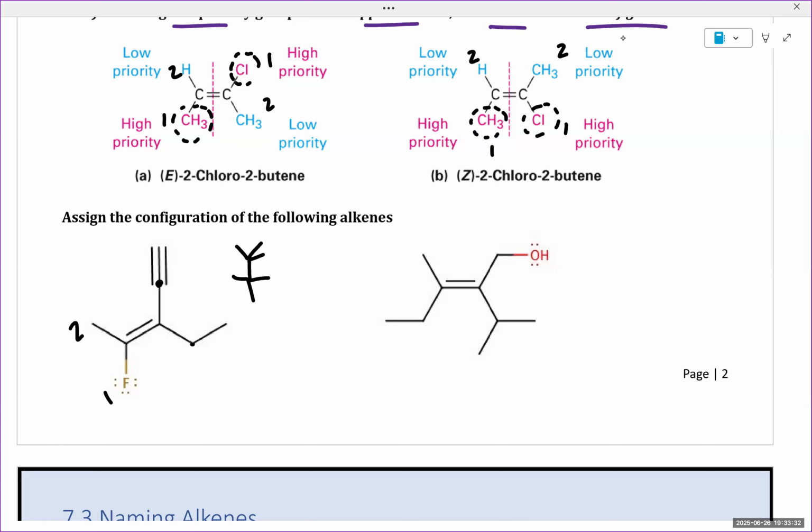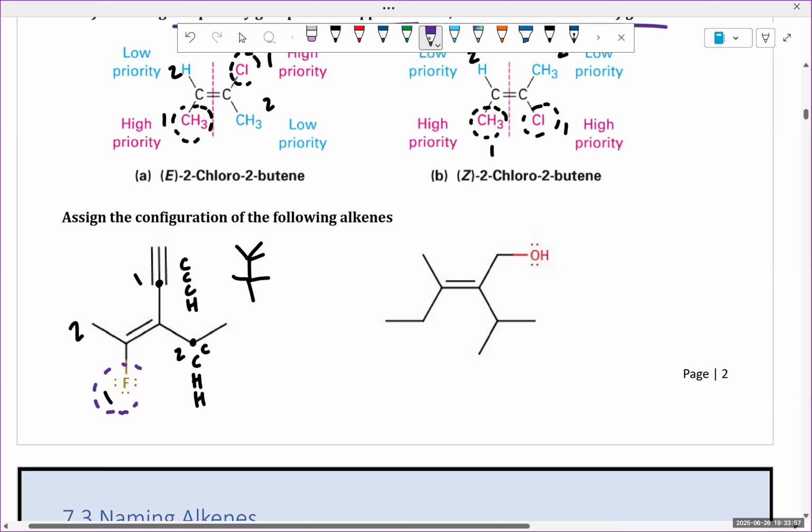So even though we have two carbons, this carbon is connected to 1, 2, 3 carbons and a hydrogen, versus a carbon and two hydrogens. So this top alkyne is higher priority than the alkane. From here, as we can see, our highest priority substituents are on opposite sides, so this would be an E alkene.